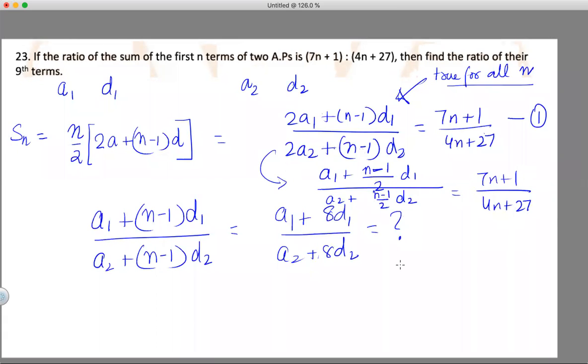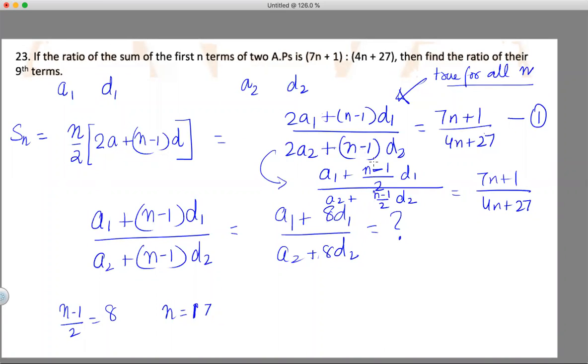See, a1 is a1 and a2 is a2, but here we want 8 and here we have n minus 1 by 2. So if I put n minus 1 by 2 equal to 8, then n is equal to 17, right? 16 plus 1.